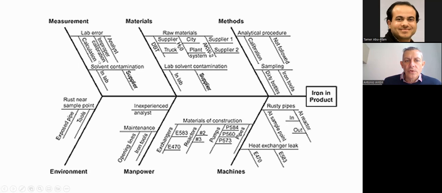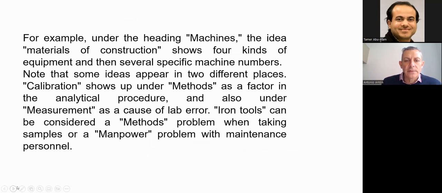So it shows you something, for instance, calibration, something that you need to study when they are common sub-factors. Measuring and also under measuring, and a cause of lack of error assessment. Error tools can be considered a methods problem when taking samples, or manpower problems with maintenance.